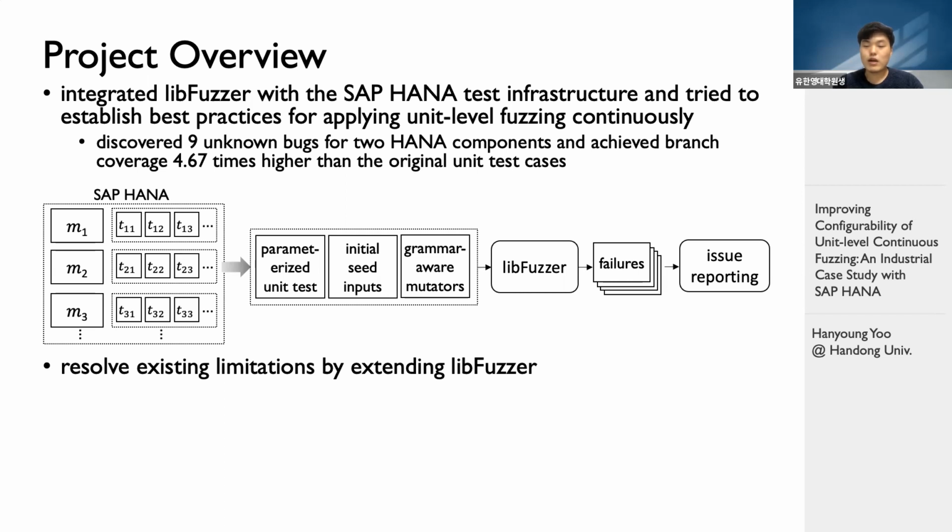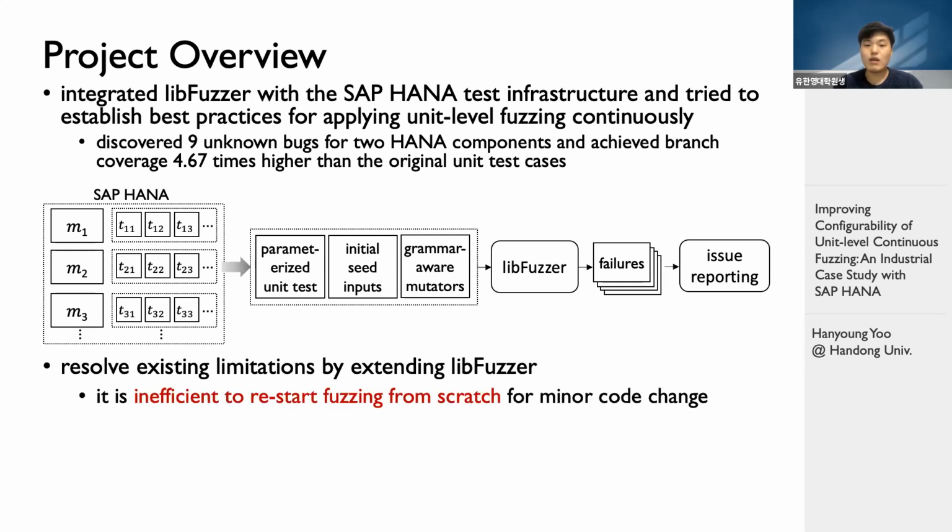As a second part of the project, we created new techniques to alleviate the limitations. The first limitation is that it is inefficient to conduct fuzzing from scratch whenever a small code change is made. To resolve this inefficiency, we propose change-aware seed selection that reuses test inputs from an earlier fuzzing run for conducting fuzzing with the following version.